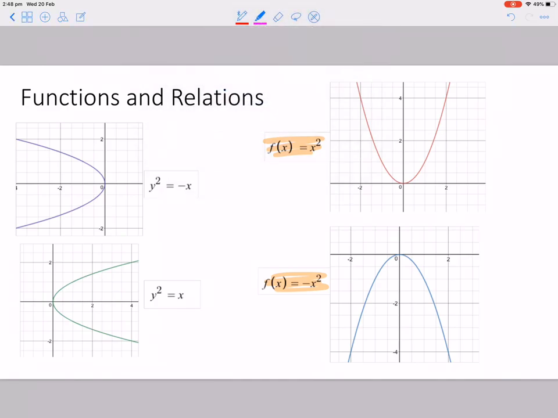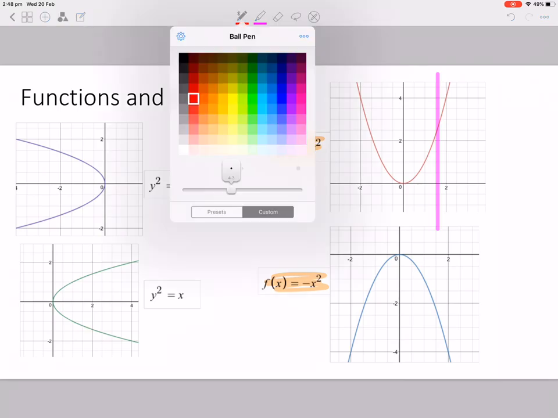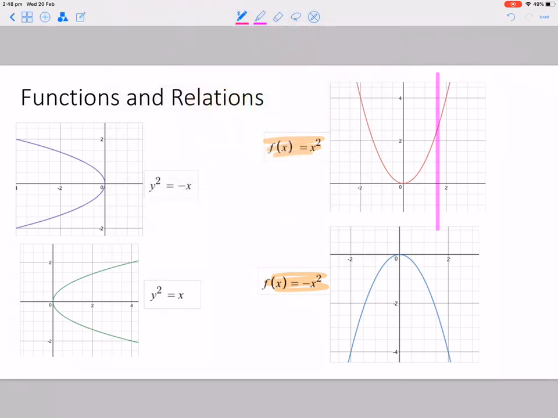So, if I grab a line and I draw it anywhere on this graph, it only crosses the graph once, okay? See how it only crosses the graph once, at 1 point ever, okay? So anywhere we put our vertical line, it only crosses it once.